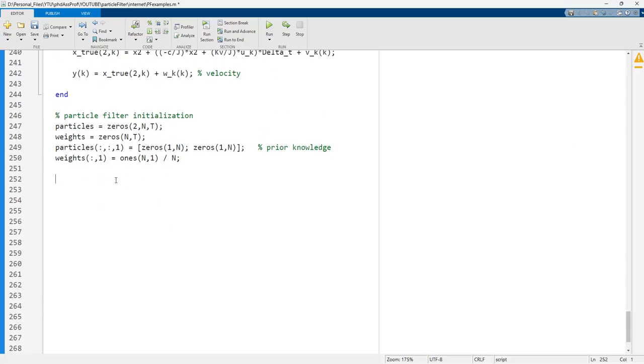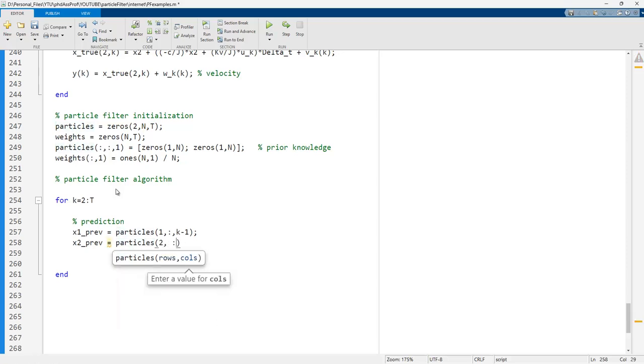So how can we apply the particle filter algorithm? For k equal to 2 to T. In the prediction we should use the nonlinear or linear system. x1 prev is the particles, first state, all elements at k minus 1, and x2 prev is equal to the particles, second state, all elements at k minus 1.